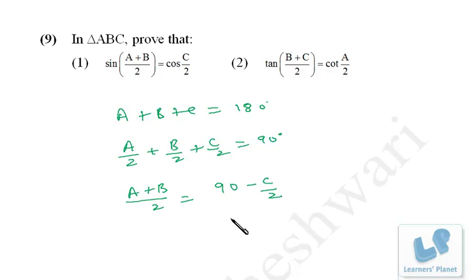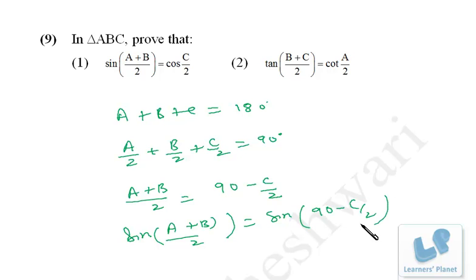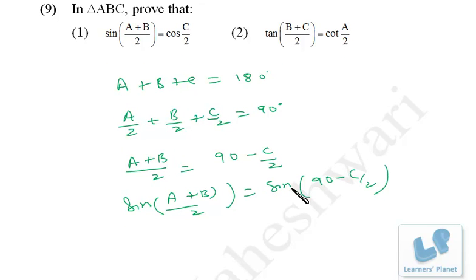Now that means sin of (A + B) by 2 will be equal to sin of (90 - C by 2), right? Now sin(90 - θ) will be what? Cos θ. Here θ is C by 2, so it will be cos C by 2. That means sin (A + B) by 2 is cos C by 2. That we had to prove, right?